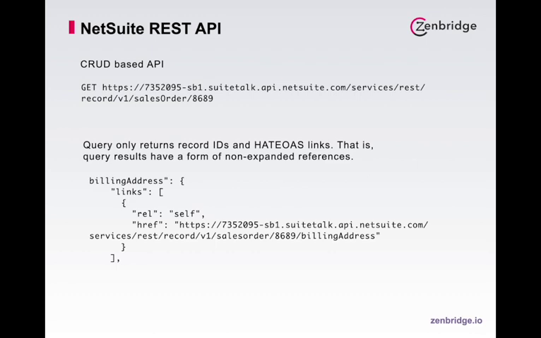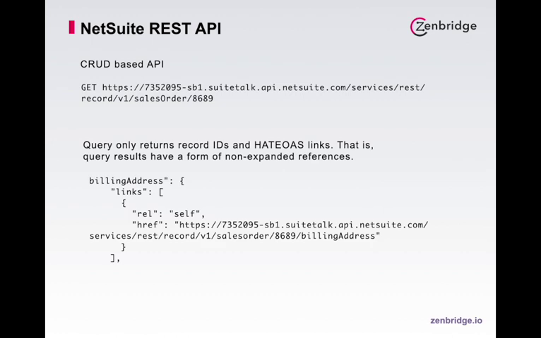The other thing that you need to bear in mind is that they use this design principle called HATEOAS. Basically, it stands for hypermedia as the engine of application state. I know it's a lengthy one, and I hope I got that right. Anyway, to give a very simplified overview of what it means, I have an example here. Let's say you're fetching a sales order. The sales order data in turn has subrecords like billing address and the customer information.